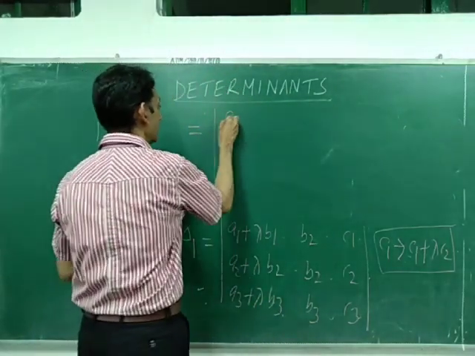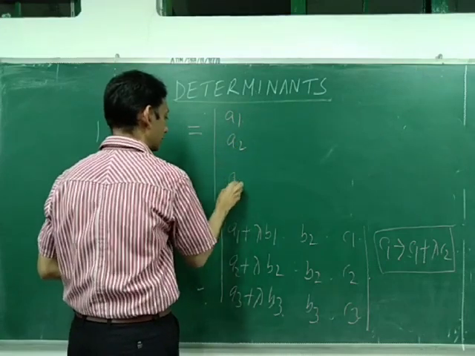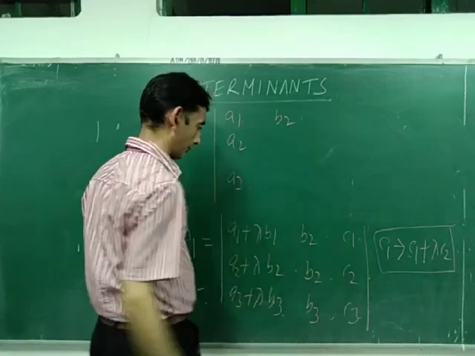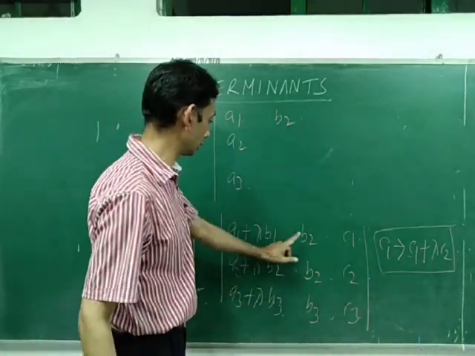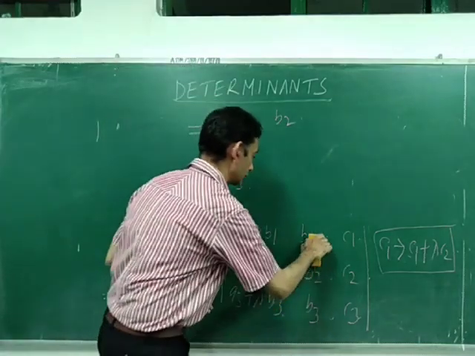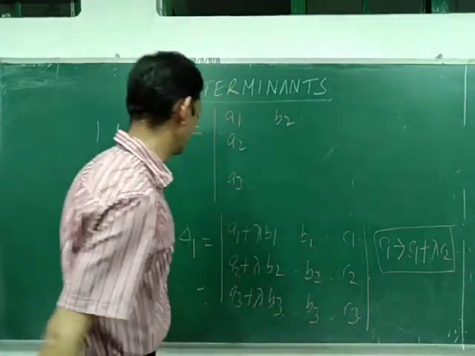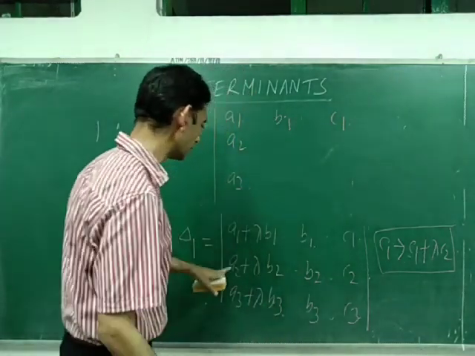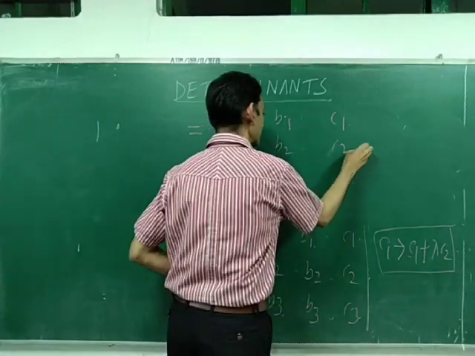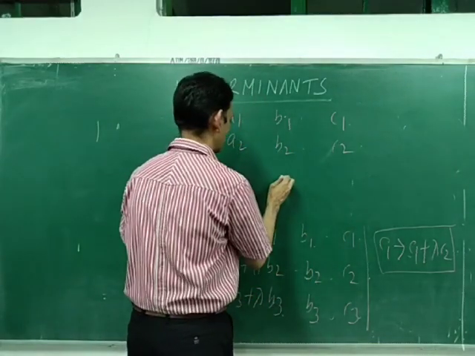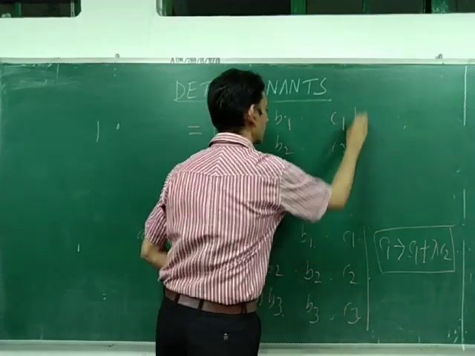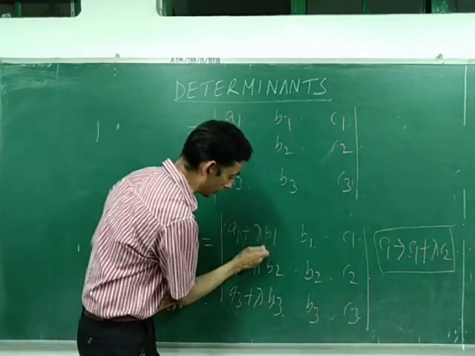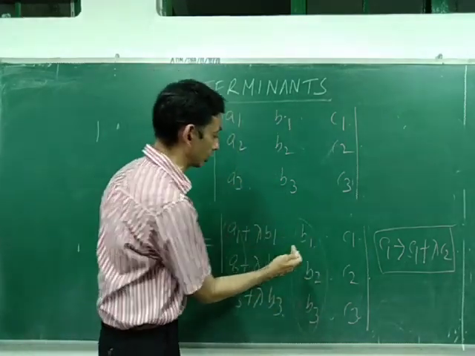We are going to write A1, A2, A3 and B1, B2, B3, C1, C2, C3. You take all the elements A1, A2, A3, then B1, B2, B3, with no changes in column 3.